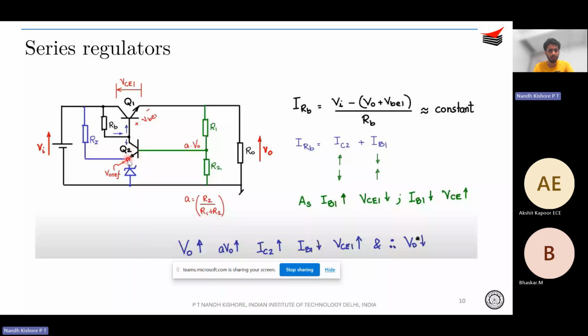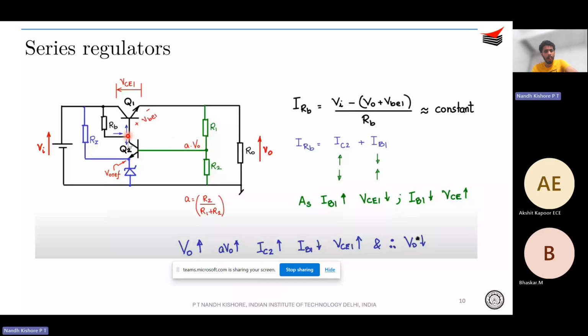Therefore, your emitter voltage VE will be equal to VZ or V naught reference, right? And you sense your output voltage and take a tapping out of that, using a resistive divider, which is A into V naught. So a voltage difference of A V naught and V naught ref occurs across the VBE terminal, right?